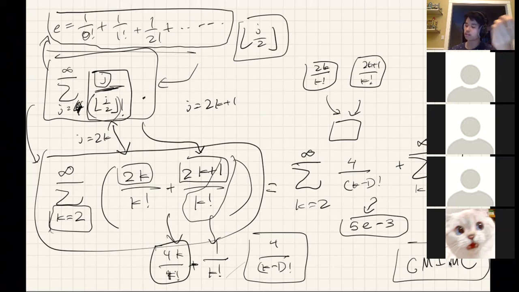I was pretty unclear on that, so let me just review for a second. First we were given this infinite sum, which had a really ugly looking floor in it.